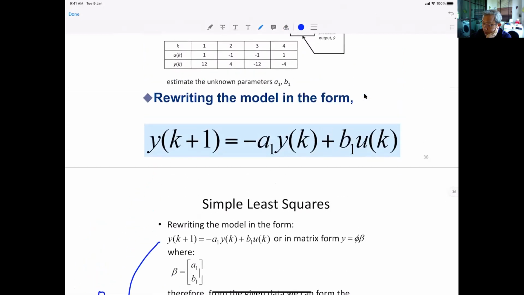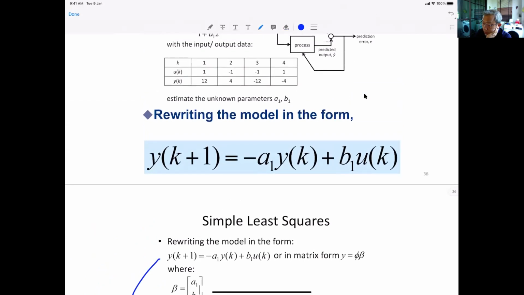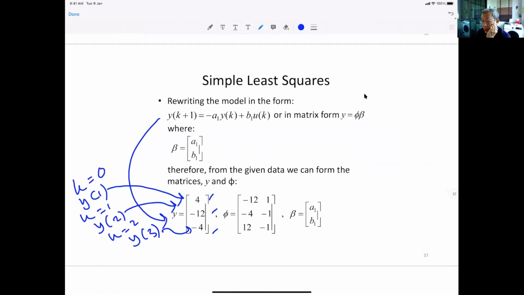You take directly from the data here, y1, y2, and y3, because we follow the sequence: k equal to 0, k equal to 1, k equal to 2, and y actually is y k plus 1. So when k is equal to 0, it becomes y1, k equal to 1, y becomes y2, k equal to 2, y becomes y3.